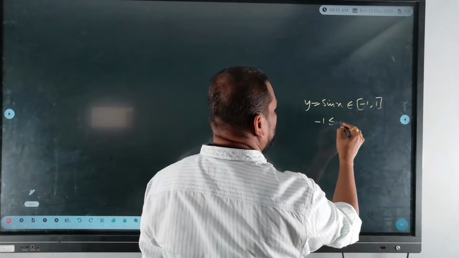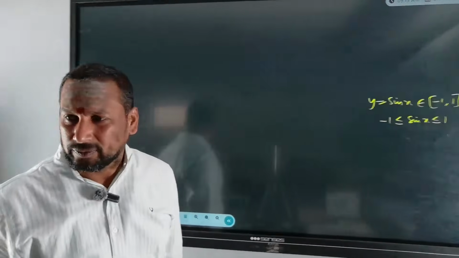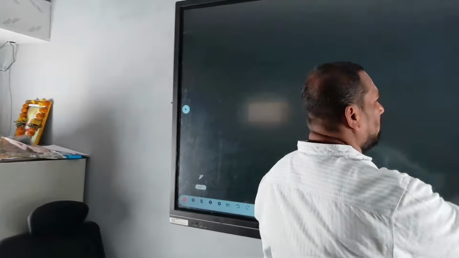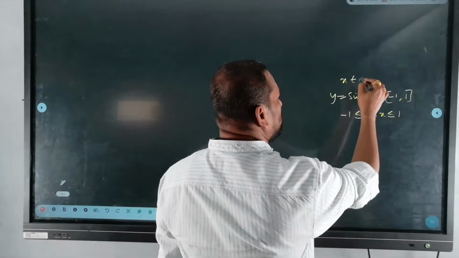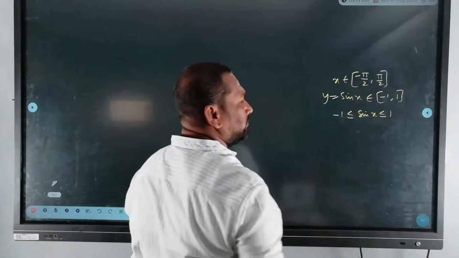So minus 1 less than or equal to sin x less than or equal to 1. It is very clear that x belongs to the closed interval minus pi by 2 to pi by 2. Got it, all of you?